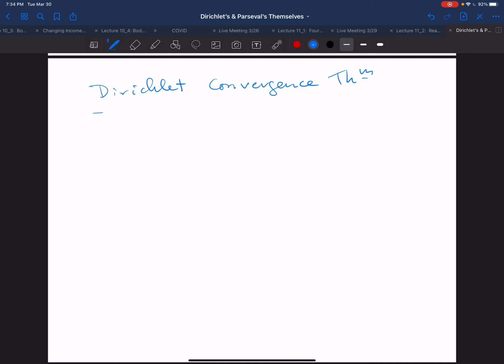For any piecewise smooth function, we get very good convergence.